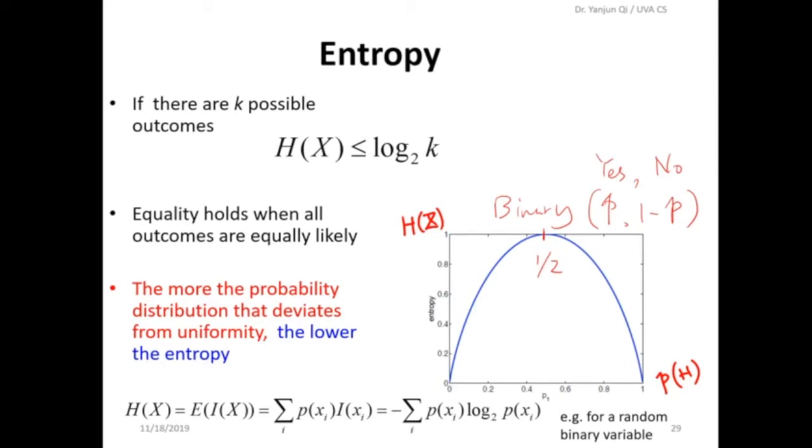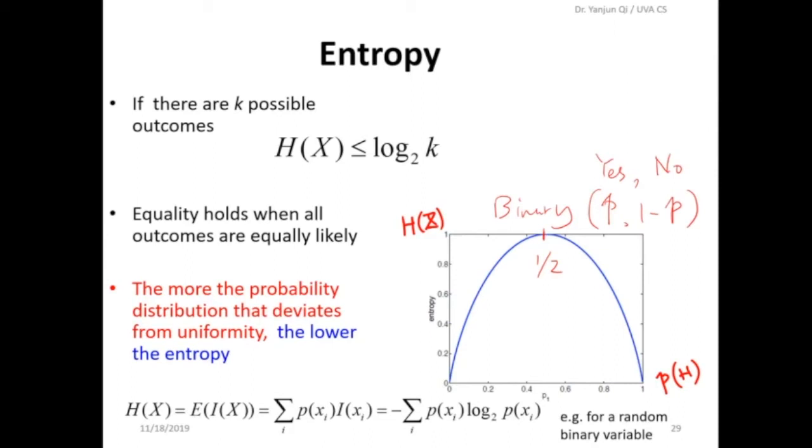The head versus the tail are completely equal to each other. At that point, your entropy is maximized. Entropy is a function with a reverse bell shape. The closer you are to 1/2, the higher the entropy. The farther you are from the uniform distribution, the lower the entropy.